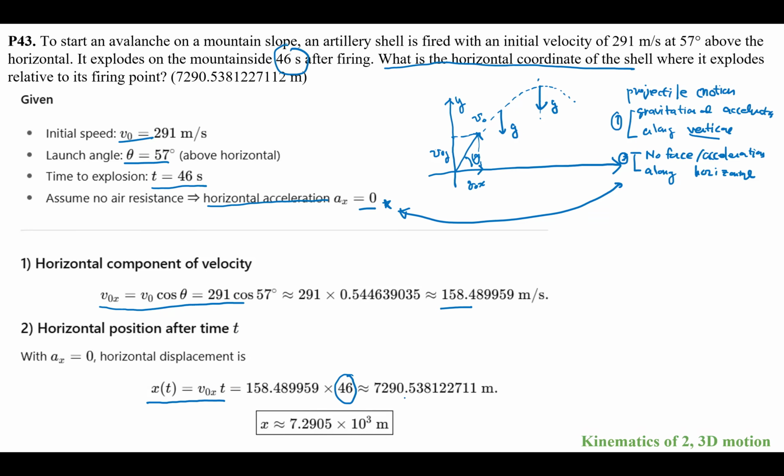The key thing here is that you need to realize it is projectile motion, and then separate the vertical and horizontal motions, and then look at what is being asked. What is asked is the horizontal coordinate of the shell. So we don't have to worry about how the velocity is going to change; we just focus on the horizontal coordinate, which is given by this one.